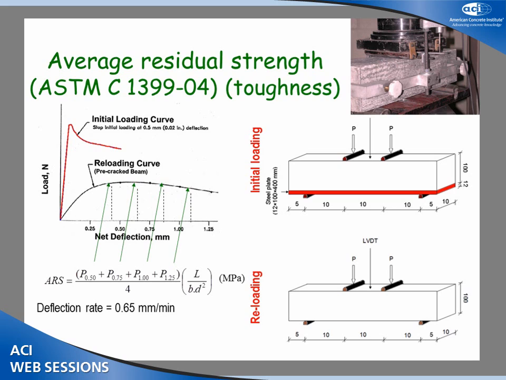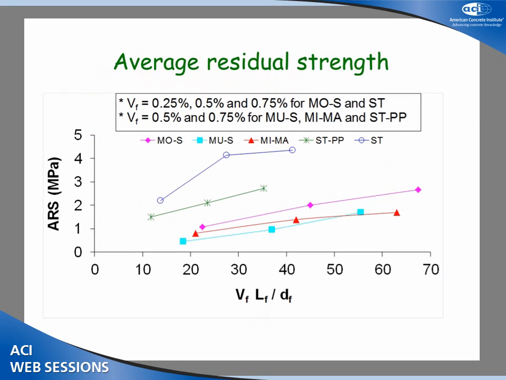That gives you an indication of the ability of the fibers to sustain residual load after cracking. We need the fibers after cracking, a piece of the macro fibers we are using. So this is the average residual strengths versus the fiber factor.